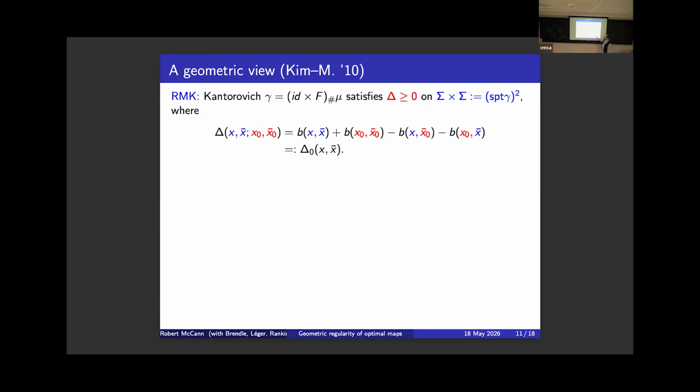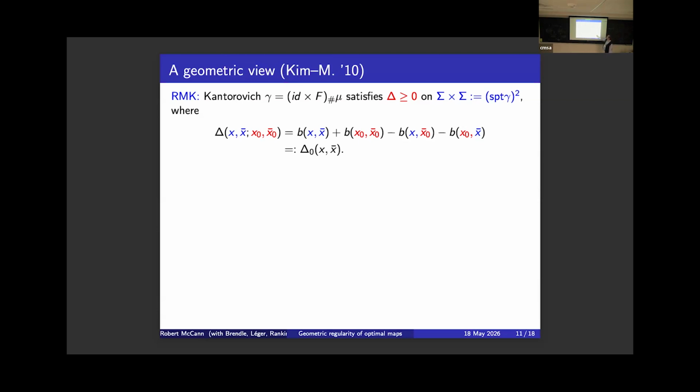And then you look at this 4-point function, which looks at the benefit of pairing x with x bar and x naught with x bar naught, and subtracts off what happens if you instead pair x naught bar with x and x bar with x naught. If gamma is going to maximize the benefit, then this function of 4 variables needs to be non-negative.